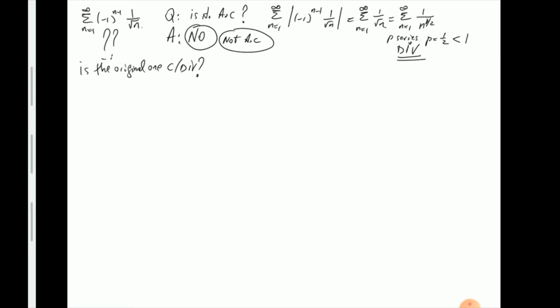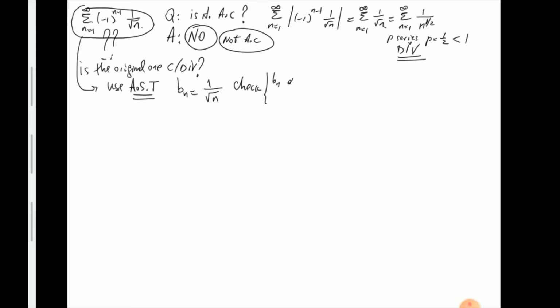Now, in our class, the only tool in the toolbox left for an alternating series like this is to simply use the alternating series test and establish whether it's convergent or not. What does the alternating series test say? Well, I'm looking at the sequence b_n separated from the (-1)^(n-1), 1 over root n, and I'm going to check to see if it's decreasing.